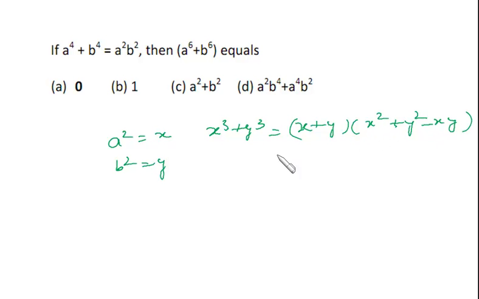Now x square is what? a raised to 4. y square is what? b raised to 4. Minus xy is what? a square b square. Now a^4 plus b^4 is already given as a square b square. So this is a square b square and this a square b square, they will get cancelled, so the entire expression will be 0. So precisely a raised to 6 plus b raised to 6 is nothing but x cube plus y cube, and this is nothing but this, so it is 0. Pretty simple.